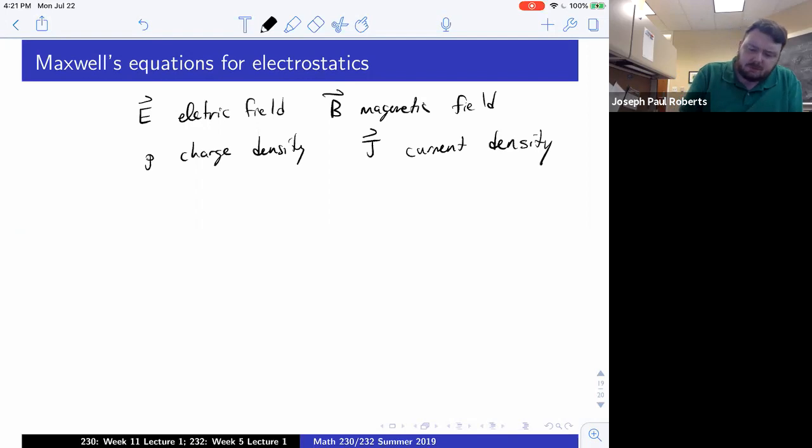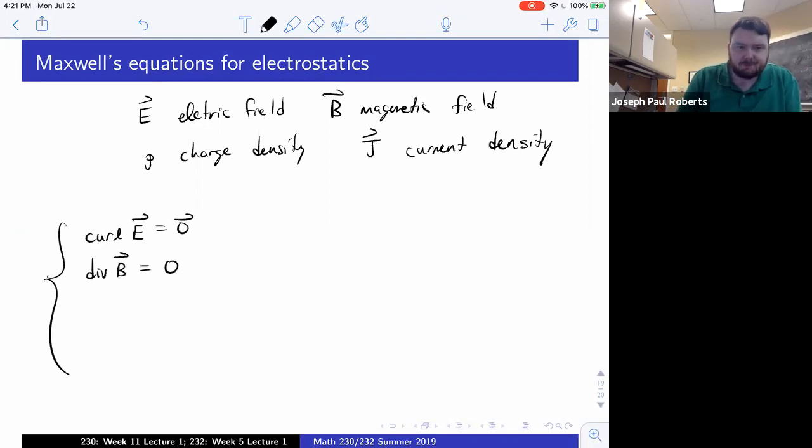Okay, so what are Maxwell's equations then? They're the laws of the land for electrostatics. So basically, we have that the electric field has no curl. The magnetic field has no divergence. Then the divergence of the electric field is the charge density.